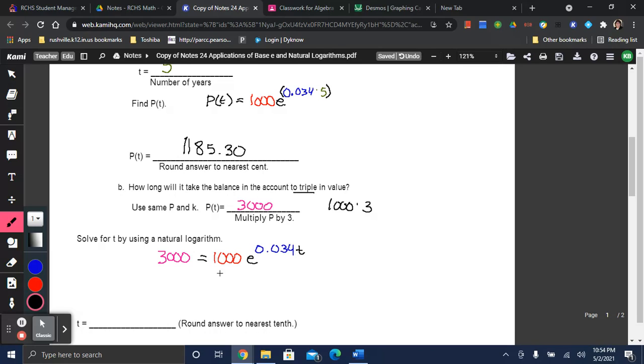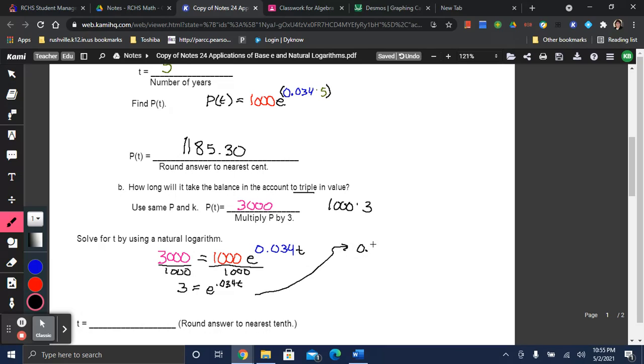All right, so we want to divide first. We're going to divide by 1,000, and that will give us 3 equals e to our decimal 0.034t. At this point, we want to use a logarithm.